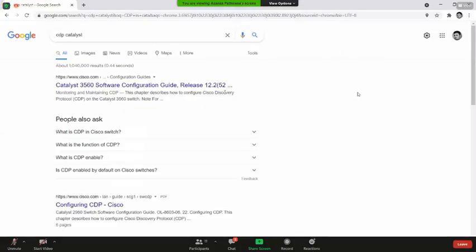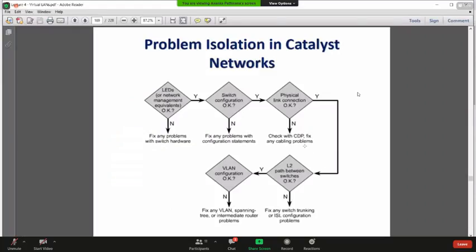Shall I check? Yeah, Cisco Discovery Protocol, CDP. Right? Check with the Cisco Discovery Protocol, fix any cabling problem.